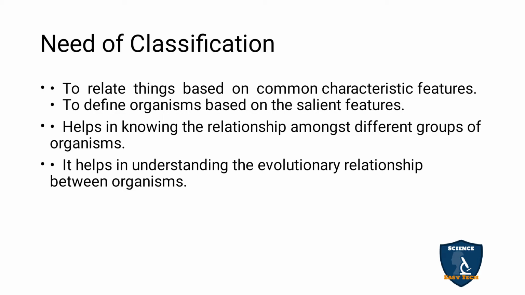We had seen this in the evolutionary tree: fishes, then amphibians, amphibians then reptiles, then aves, then mammals. So from one organism to another organism it evolved. Like human beings evolved from apes, that is chimpanzee. So it helps in understanding the evolutionary relationship between organisms. You understood, no?